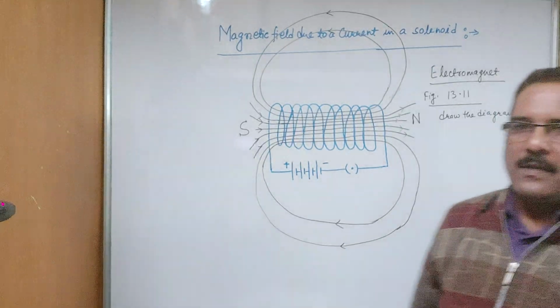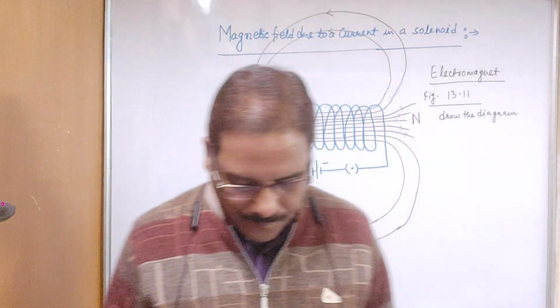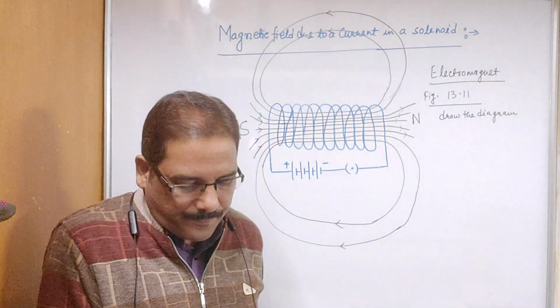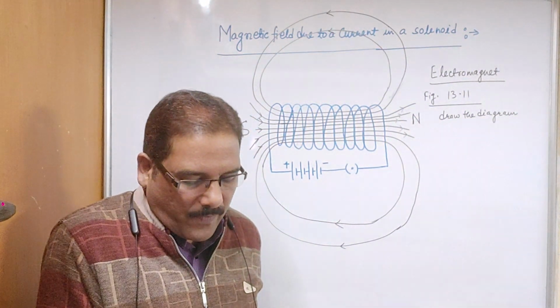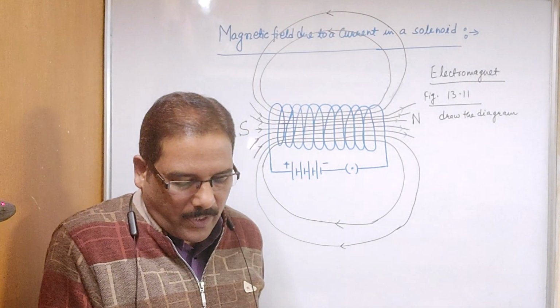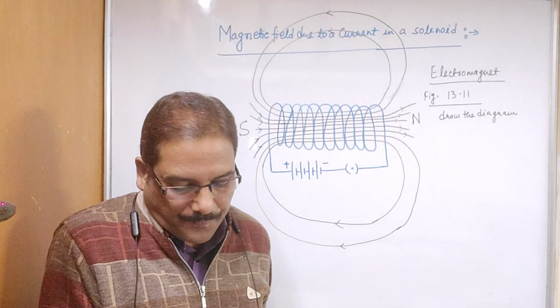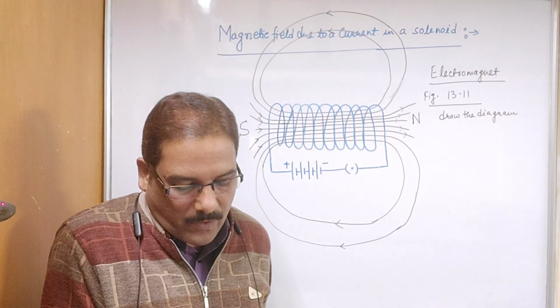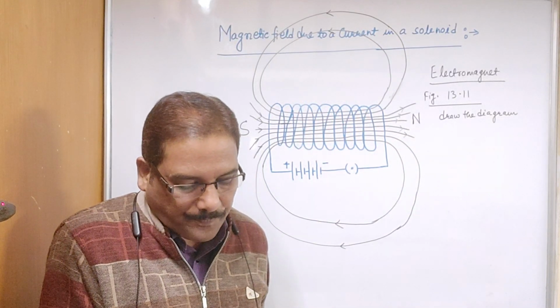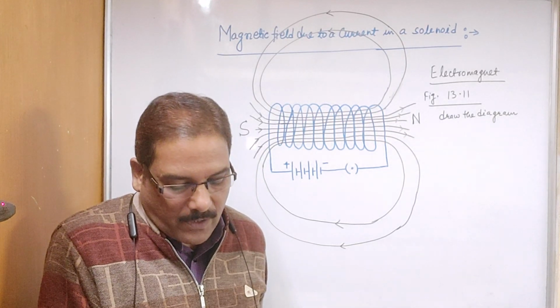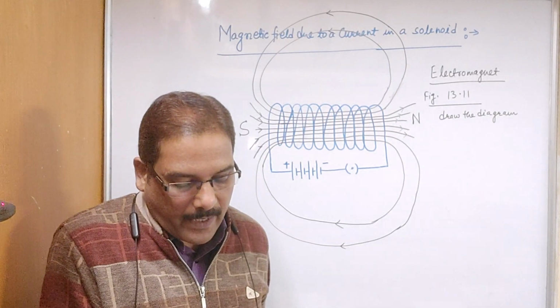Now we will discuss some intext questions given on page 229. First question is, consider a circular loop of wire lying in the plane of the table. Let the current pass through the loop clockwise. Apply the right hand rule to find out the direction of magnetic field inside and outside the loop.